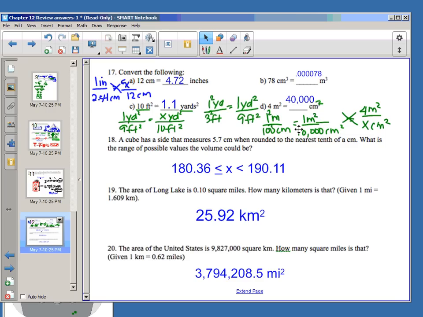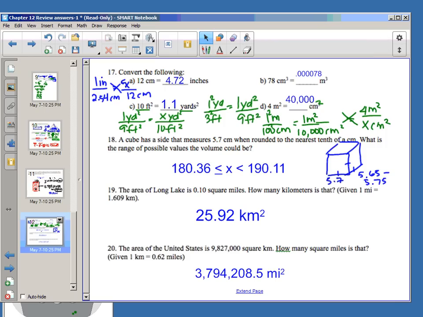Number 18 has to do with that measurement error again, like number 4 on the front side, I think. The cube has a side that measures 5.7 when rounded to the nearest tenth of a centimeter. What is the range of possible values the volume could be? So I'm going to draw a cube here. This side was 5.7. Remember, all the sides are equal on the cube. So the range of possible values is 5.65 to 5.75.